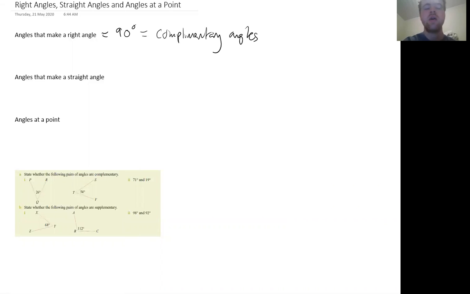So if two angles add up to 90, they are called complementary. One example of this: if we have a right angle split into two, we know that angle A and angle B add to 90. So that's what we call complementary angles there.